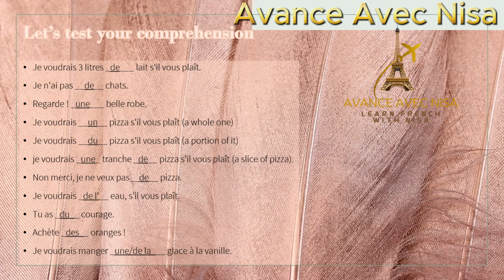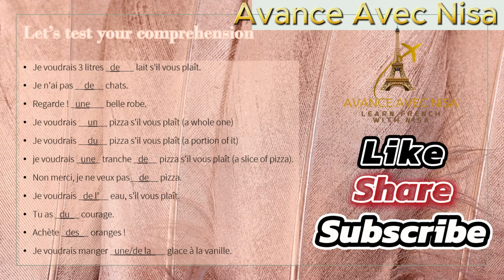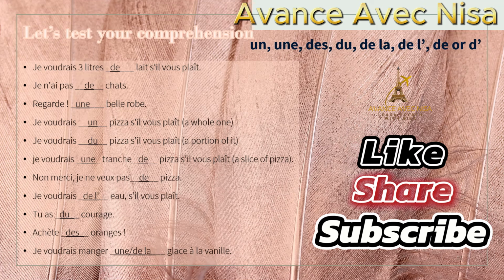Je voudrais manger une glace à la vanille. Or, je voudrais manger de la glace à la vanille. That depends on what you exactly want. If you want a complete ice cream, a vanilla ice cream, then you can use une glace à la vanille. But if you want some portion of it, then you would say je voudrais manger de la glace à la vanille.